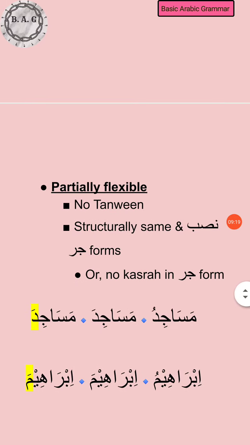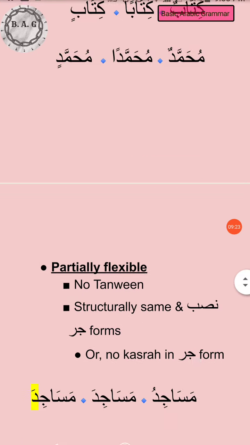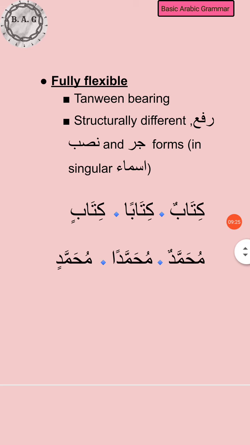Now there are a couple of points that we are going to elaborate on regarding this Munsarif Asma group, and our main focus is actually going to be on the Munsarif Asma.